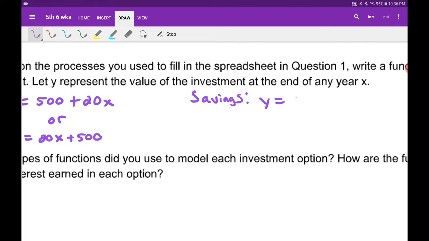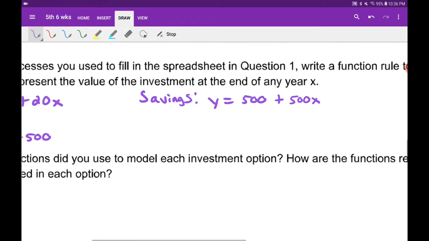All right, so savings. So let's say we started with 500, right? Then we added 500 times, I don't want to use an x here. Let's put a dot. I don't want to use a dot either.